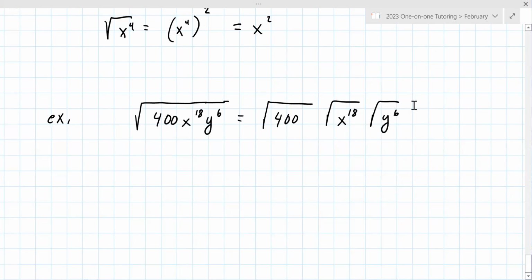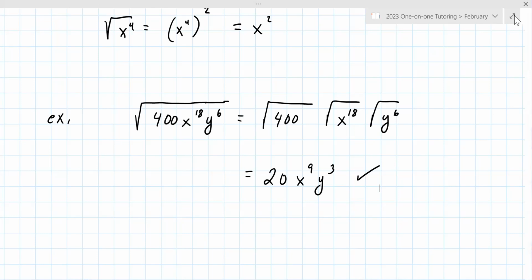Can you tell me what the final answer is here after working this out? I got 20 x to the 9th and y to the 3rd. Good. Very good.